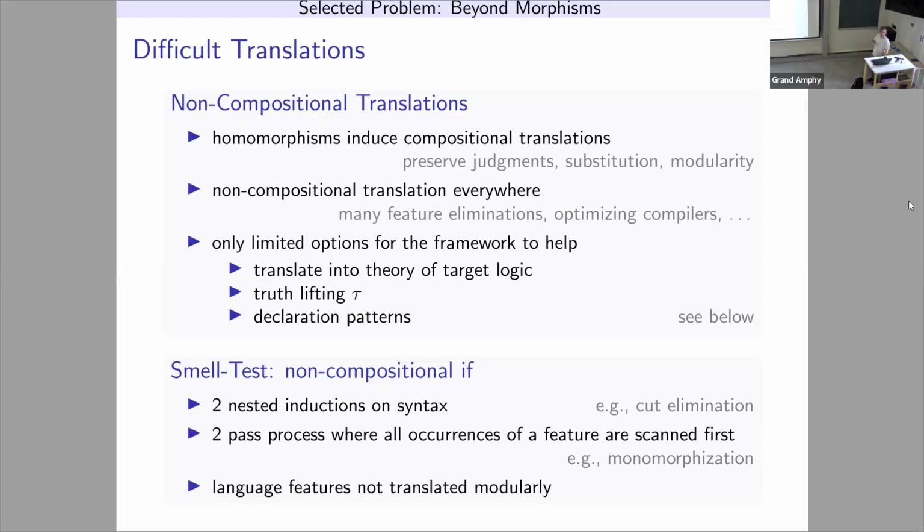You don't translate a language feature the same way all the time. Instead, you look into the arguments. If the arguments are particularly simple, you translate it differently. Think of loop unrolling. If the loop goes from 1 to 3, you don't translate it to the loop in the target language. Instead, you just duplicate the body of the loop 3 times. That's the non-composition.